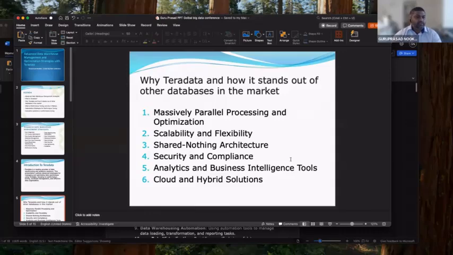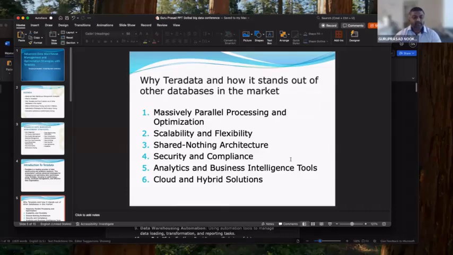Scalability and flexibility is another benefit of Teradata. Teradata can scale up or down depending on the data volume and workload without compromising performance or reliability, by adding more nodes to the system without major disruption. Teradata also supports a variety of data types, formats, and sources, including structured, semi-structured, and unstructured data.